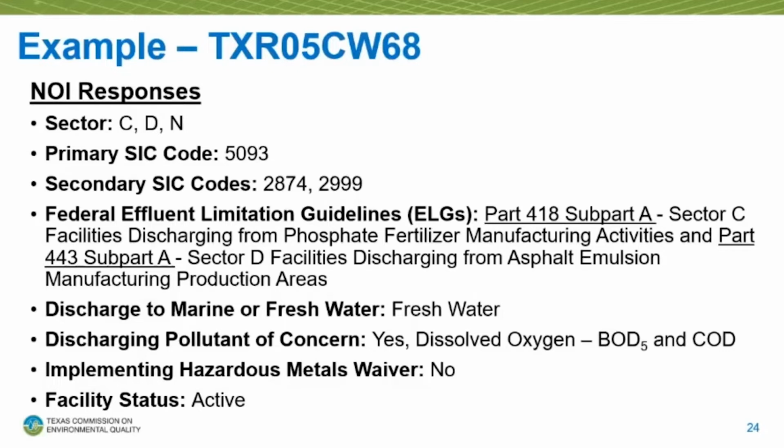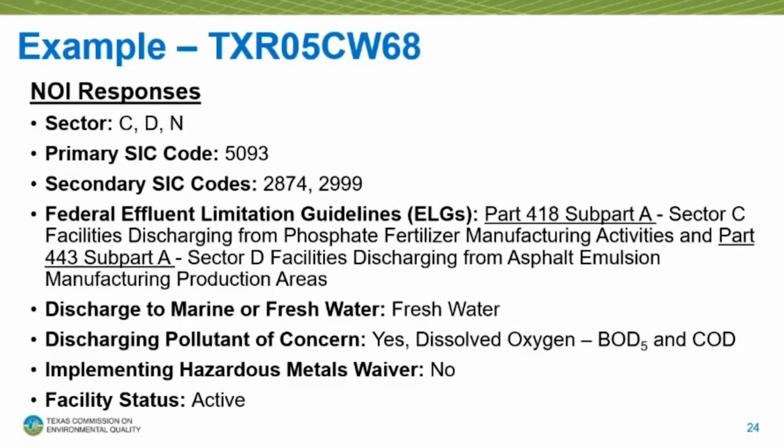They did identify that they were subject to 2 different effluent limitation guidelines. Part 418 subpart A within Sector C, because they have discharges from their phosphate fertilizer manufacturing activities. And then Part 443 subpart A, just like the last example, they have discharges from asphalt emulsion manufacturing.